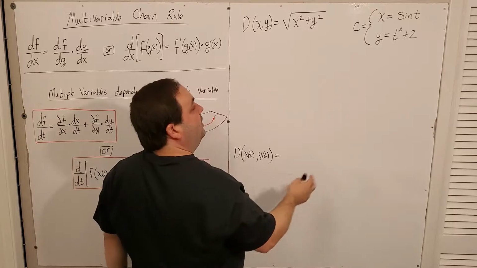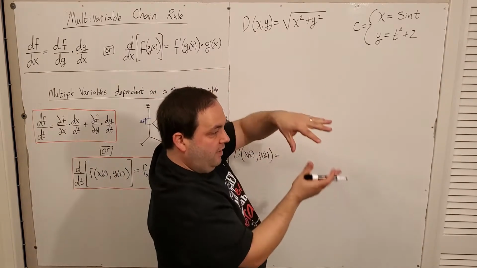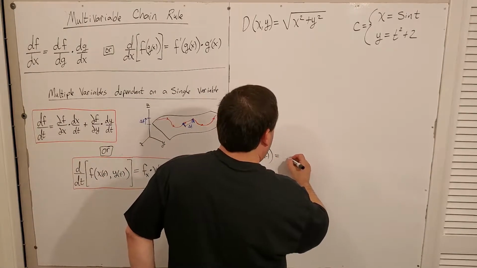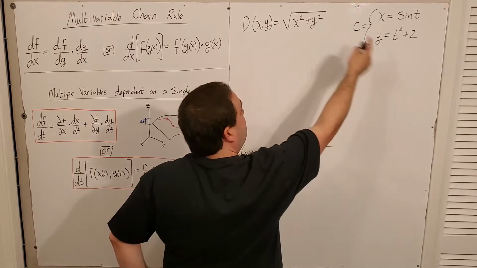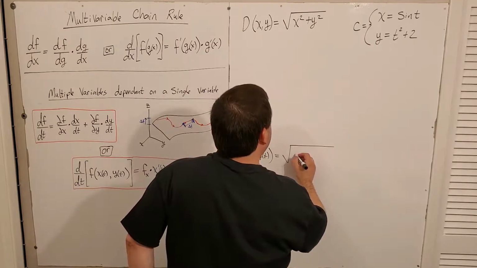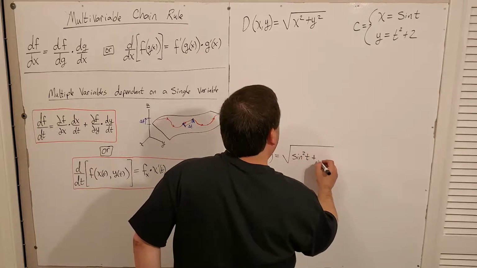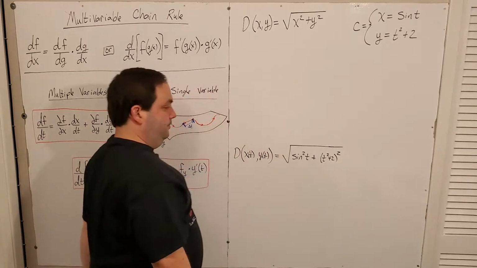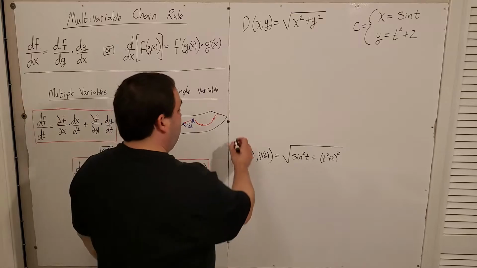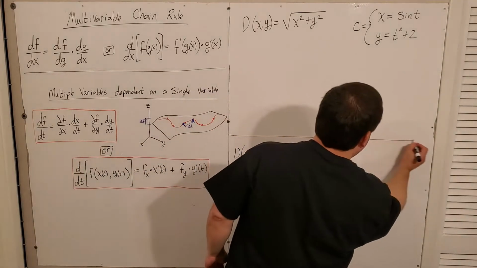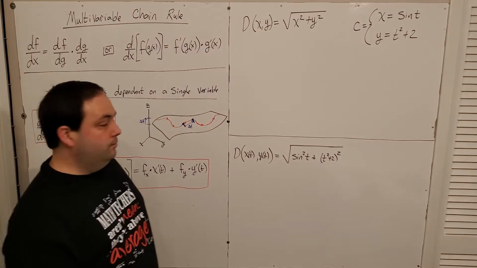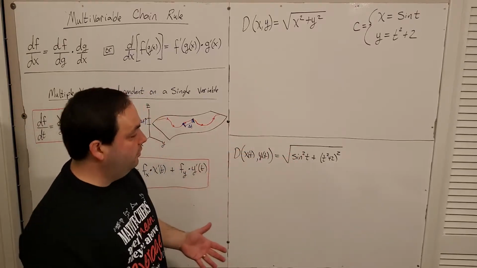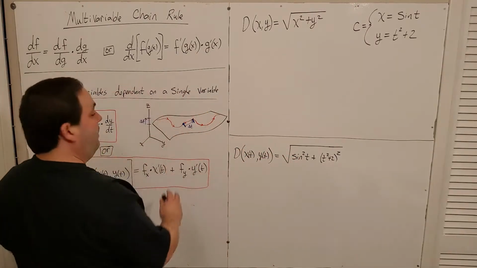And what I'll be doing is finding the derivative on that curve that follows the surface. Okay? So the first way, the long way here, is to just substitute in. That would be sine squared of t plus t squared plus 2 squared, like this. So notice, like I said, you can just directly substitute like that. But that's not using the chain rule. Okay, this is sort of the long way, if you will, the everything is in front of you sort of way. I don't need to use the multivariable chain rule now.